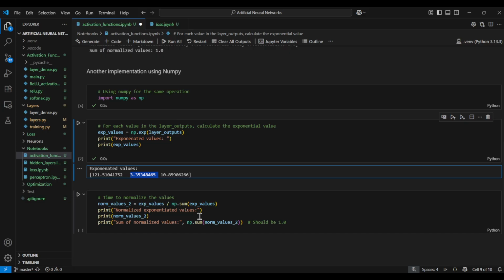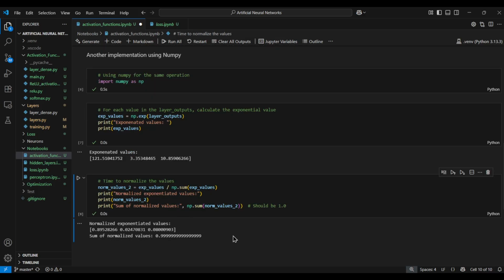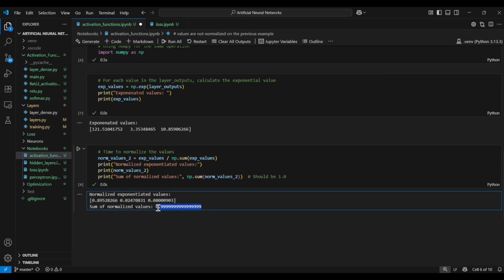After that, you perform your normalization again of values in order for you to reach the probabilities for your classes. As you can see, there's a small difference with the output, so not necessarily 1.0. This is just 0.9999.